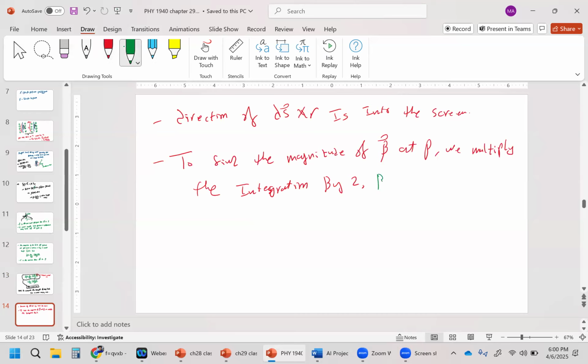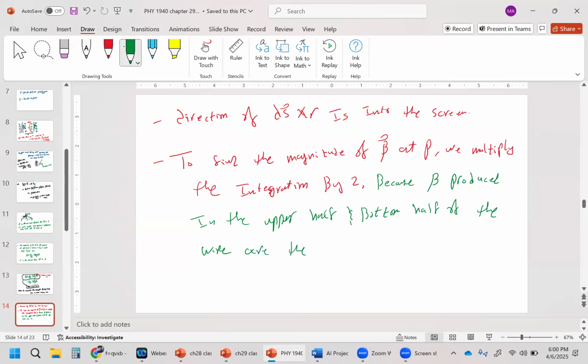This is because the magnetic field produced in the upper half and bottom half of the wire at the set point are the same.